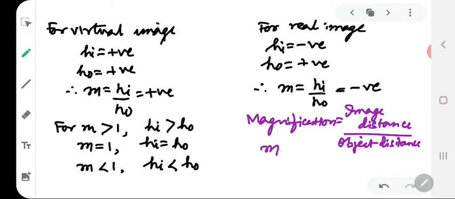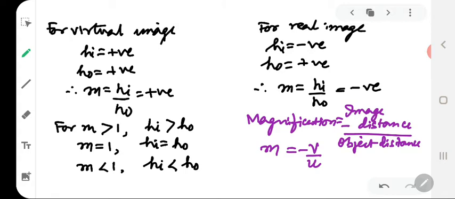Symbolically, we can write down m to be equal to minus v by u. So the linear magnification produced by a mirror is equal to the ratio of the image distance to the object distance with a minus sign. m is the magnification, v is image distance, u is the object distance. So now if we know the image distance and the object distance, then also we can calculate the magnification.